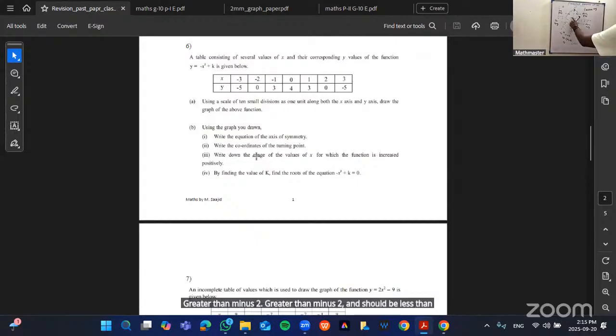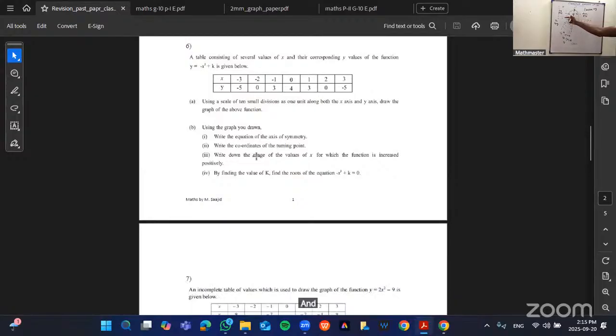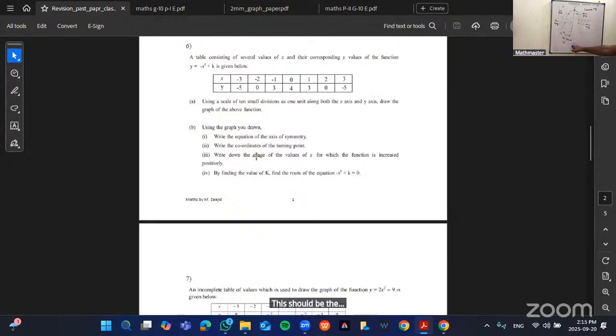Greater than -2 and less than 0. This should be the inequality for part C. You have to write it like this. Write down the range of the values of x, they say.